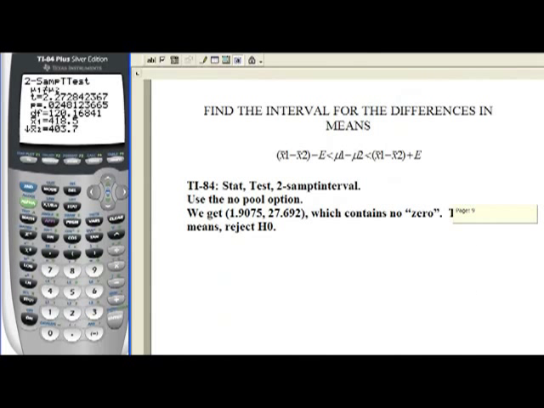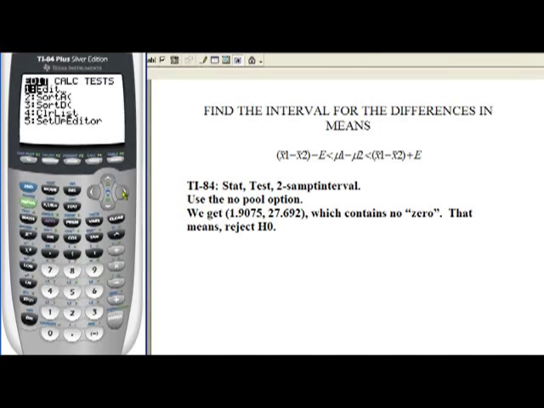Now let's assume I want to find the interval for the differences in the mean. To be able to do that, you go to Stat and Test. This time you are doing the two-sample t-interval. Right here, 0, and push that. If you are doing this right after the hypothesis testing, these numbers would have been just there.